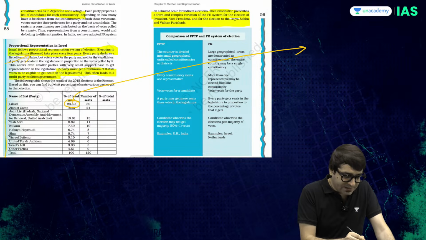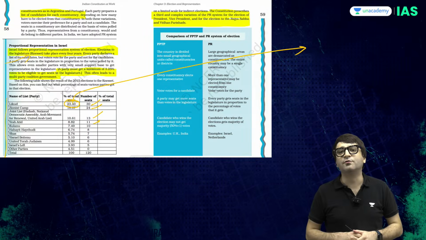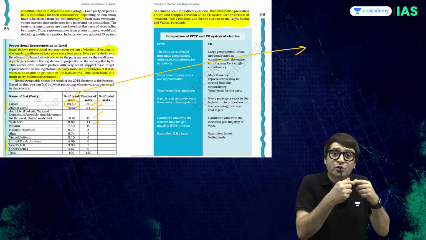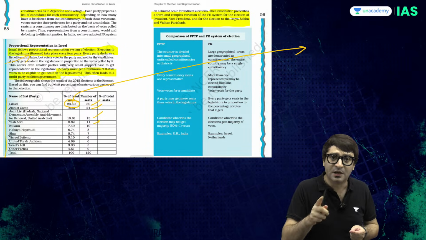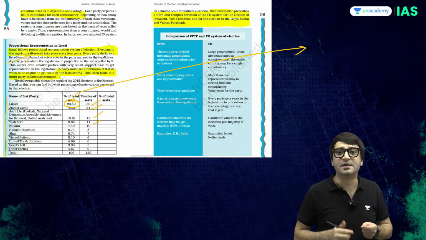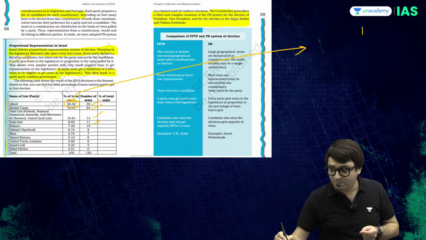They got 30, the other political party got 24, 13, 11, so on and so forth. Which means in proportion to your vote share, those many seats shall be made available for that particular political party, which is what we call the proportional representation system.